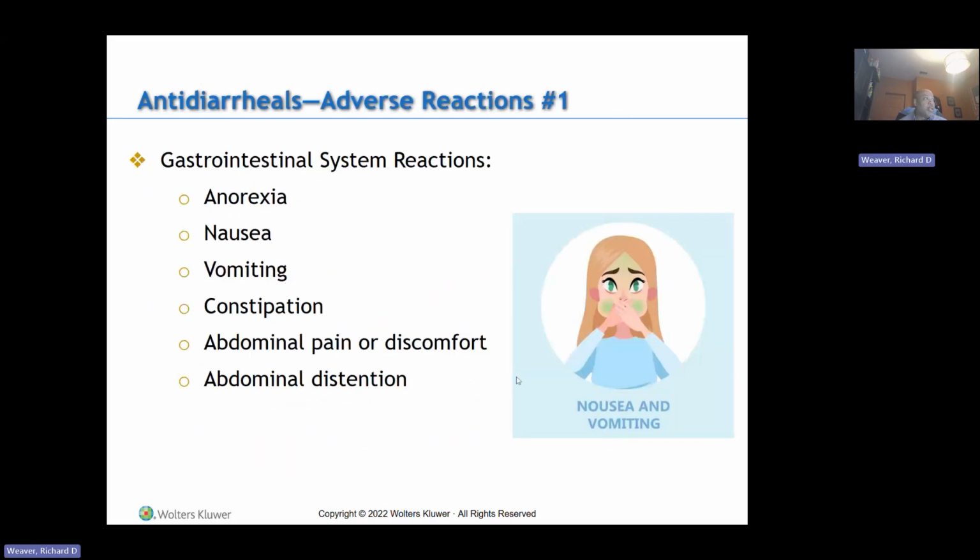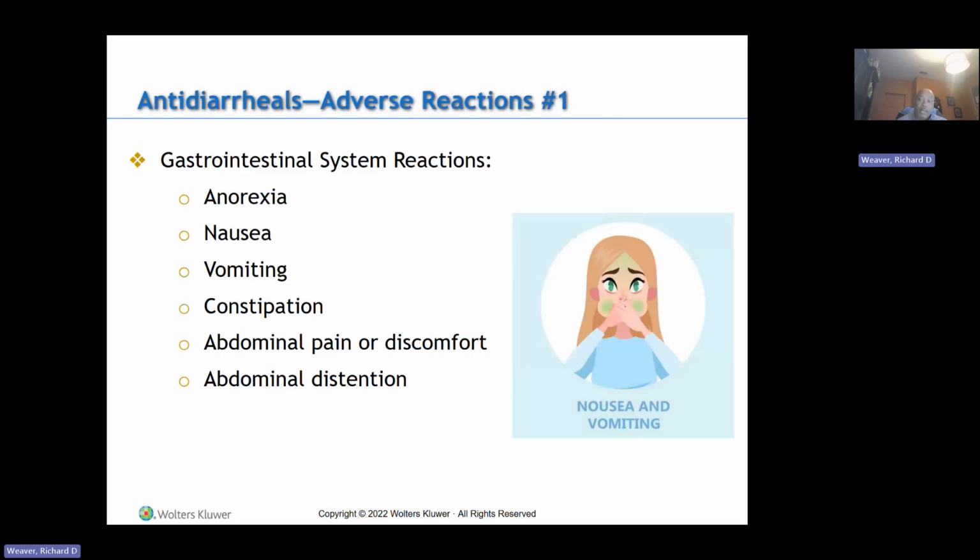That was kind of a mouthful. Take a look at the gastrointestinal system reactions. You have anorexia, nausea, vomiting, constipation. And think about it. Constipation. When you think about the fact that the main objective of these drugs is to either slow down the peristalsis or to block, in this case, chloride and what have you, which will prevent more fluid from entering into the bowel, it can lead to constipation.